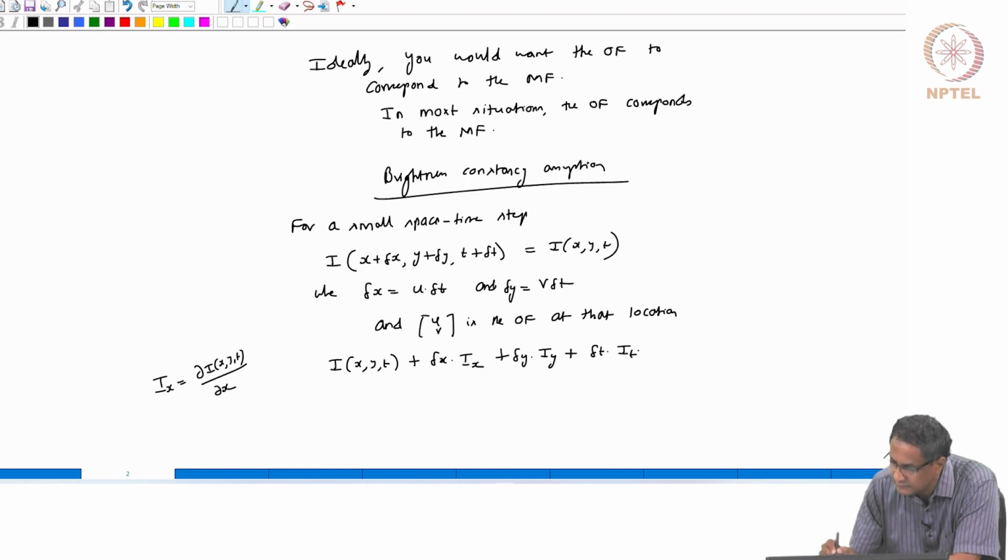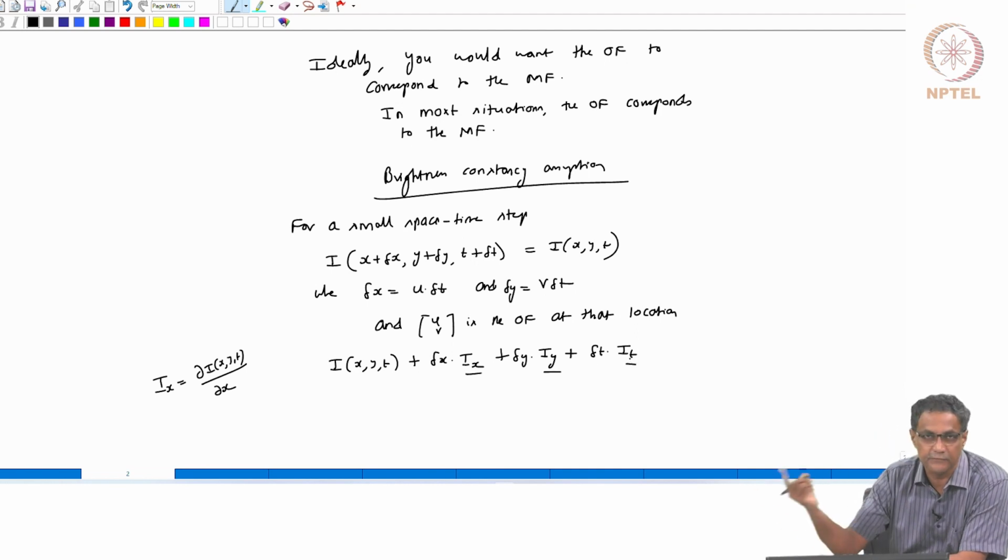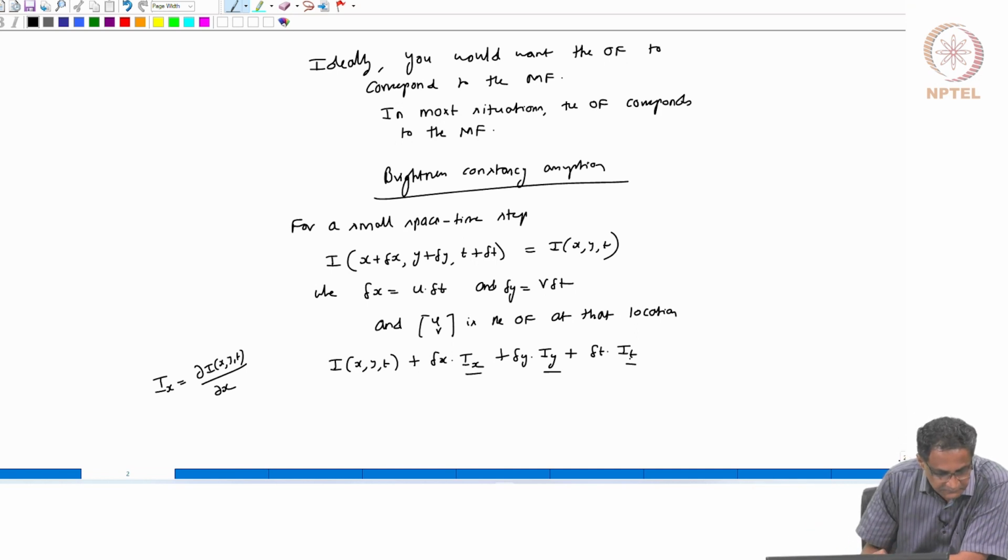Now It will be a temporal derivative, whereas these are spatial derivatives. That means this will come from across the frames. This is equal to I of x, y, comma t.